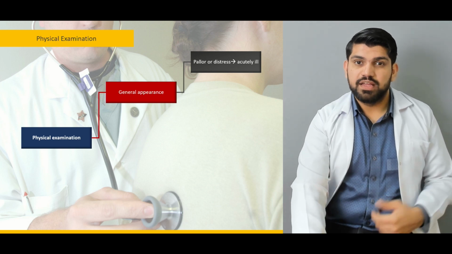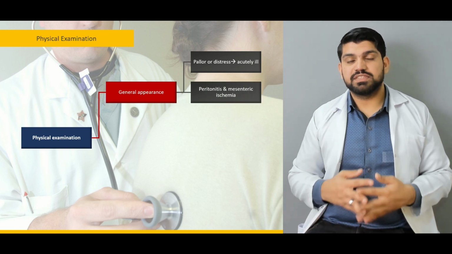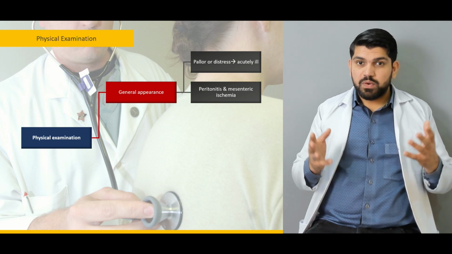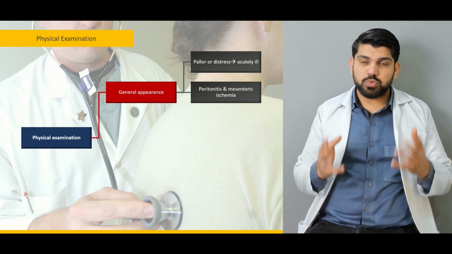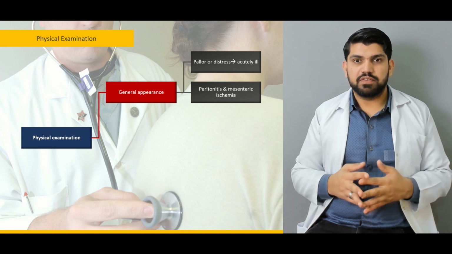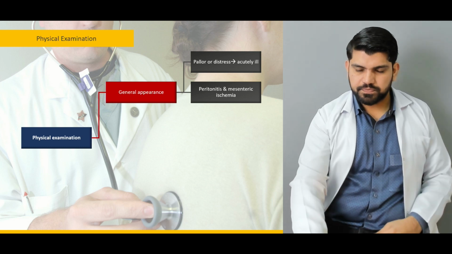They can look distressed or acutely ill. Peritonitis, mesenteric ischemia, these are diseases that can present with severe manifestations. And if you look at this patient, you'll find this patient is toxic or not looking well.